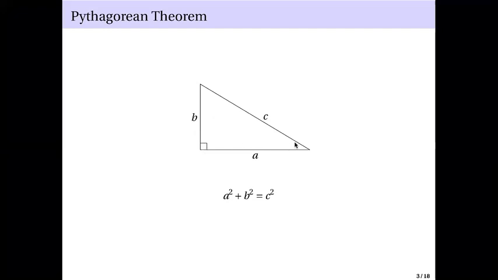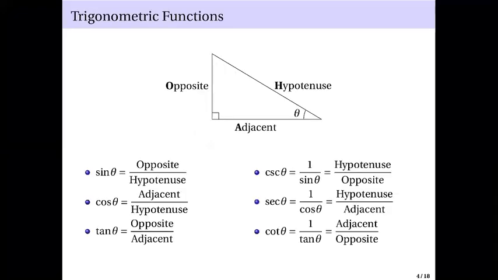The other two parts are the angle here and the angle in here. So what we're going to do is define new functions, called trigonometric functions, and these trigonometric functions will be defined in terms of a right triangle.